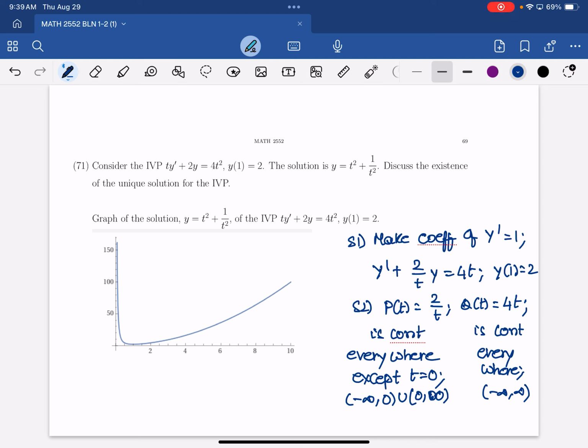Now the smallest interval where p and q are continuous and containing the initial value, this contains the initial value t equals 1.